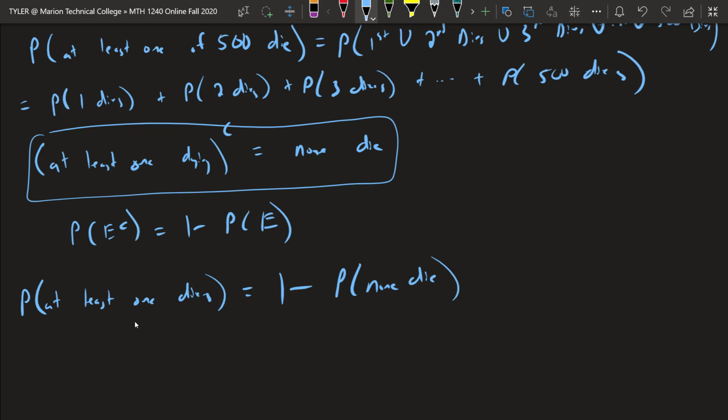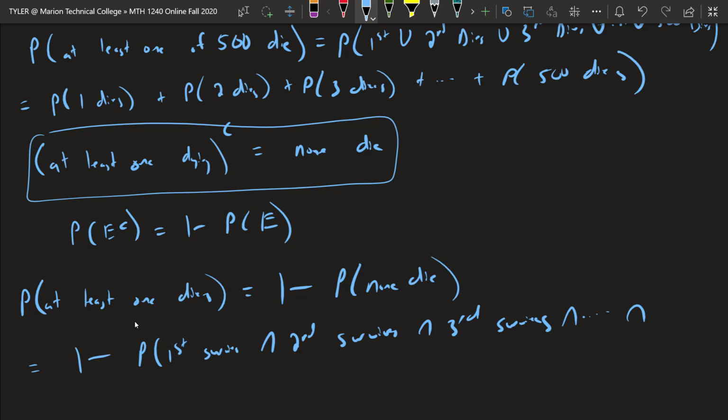So this is equal to 1 minus the probability that none die, which would be equivalent to the probability that everyone lives. In other words, the first survives the year, and the second survives, and the third person survives, and so on, all the way until we get to the 500th person surviving.